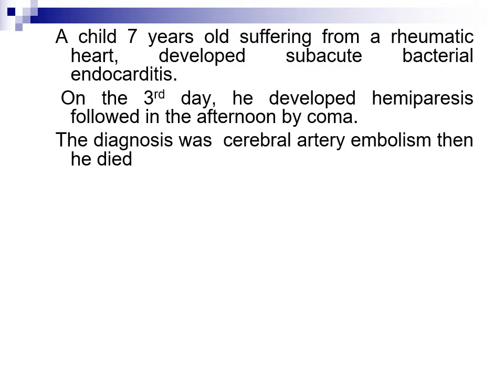But what is the cause of cerebral artery embolism? Subacute bacterial endocarditis. Okay. What is the cause of subacute bacterial endocarditis? Rheumatic heart disease. Here hemiparesis and coma are manifestations of cerebral artery embolism.